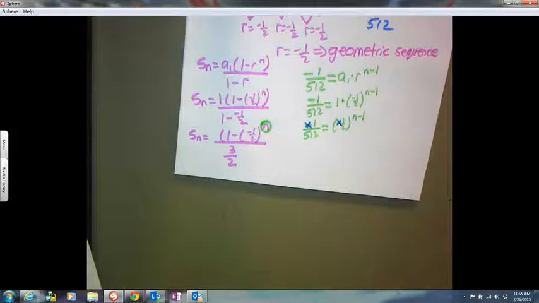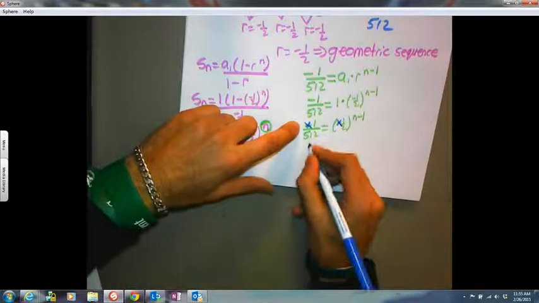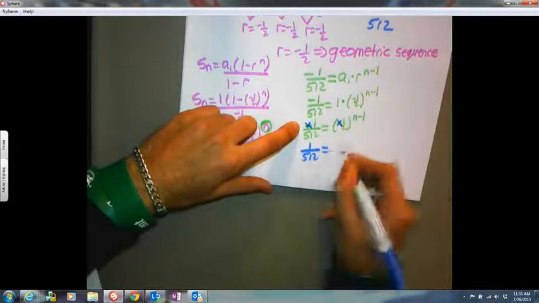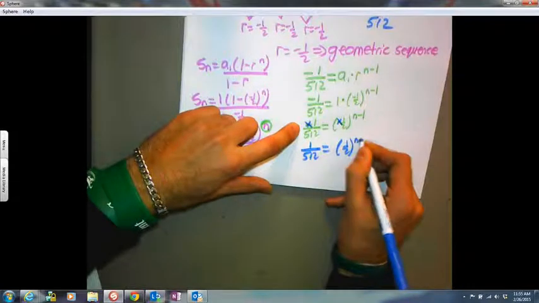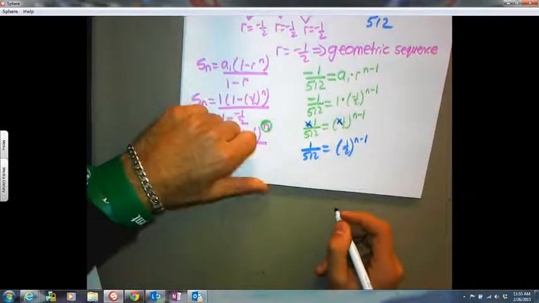Specifically for these geometric type problems, you have 1 over 512. Natural log of both sides.